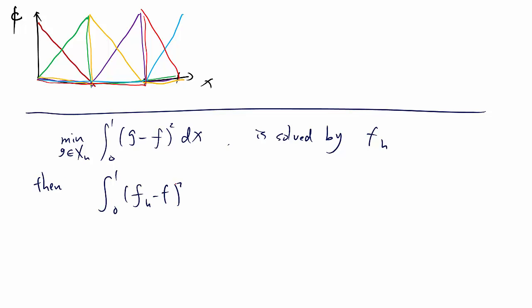The integral of fh minus f squared dx is going to be less or equal to the integral of fh plus any delta g minus f squared dx. So for any perturbation from that optimal, you cannot do better than this minima, right?